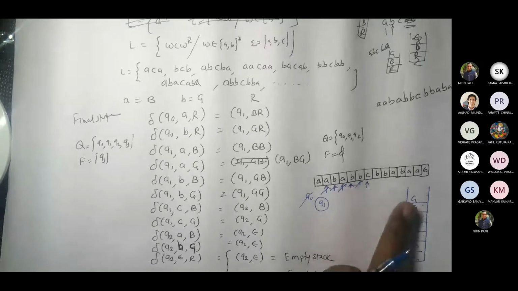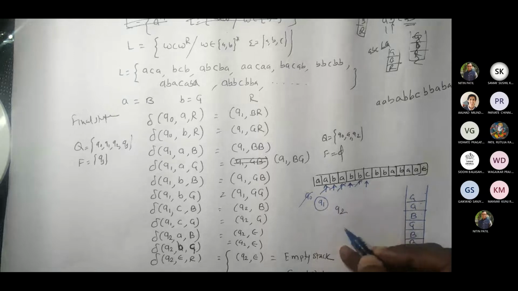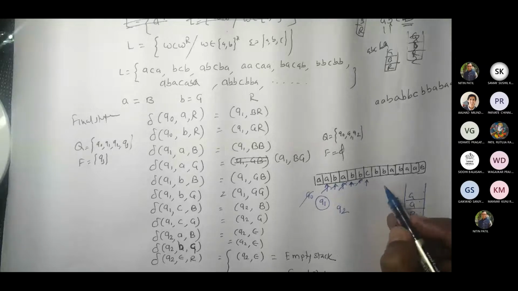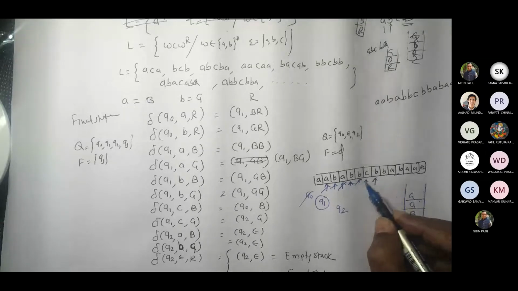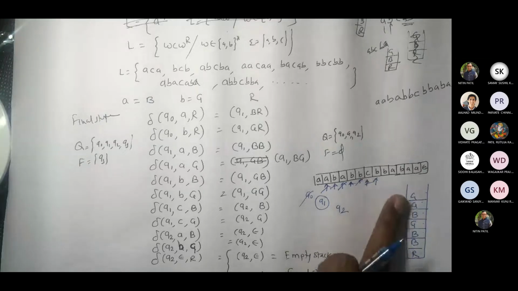So we have Q1 C G. Let me know the plan of action. Change the state. Don't make any change to the stack here, correct? So now you are having Q2 BG.